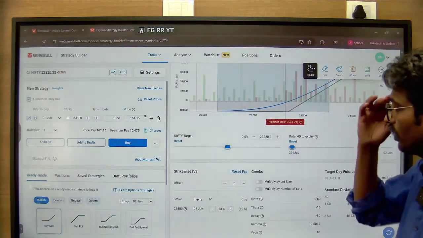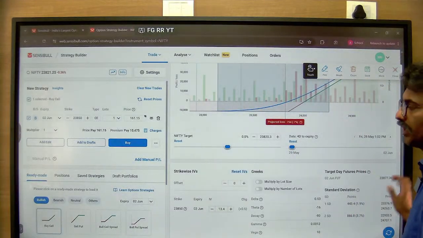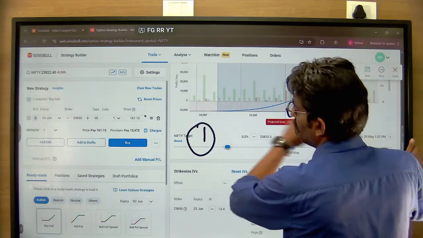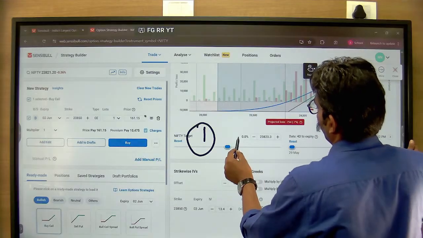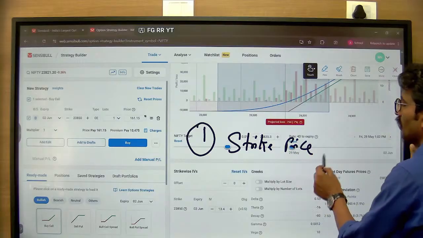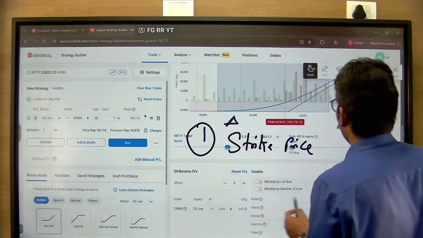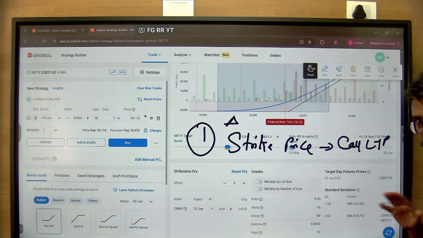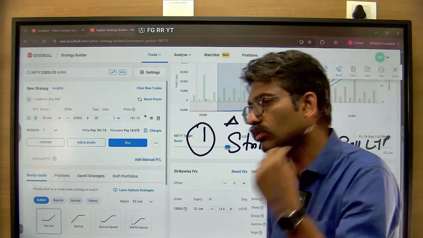Okay. Now let us look at, so there are 2-3 questions that we are handling, then we will stop. The first question is, when you change the strike price, what happens to the call LTP and obviously the put LTP? But we will discuss only one because otherwise it becomes too confusing.